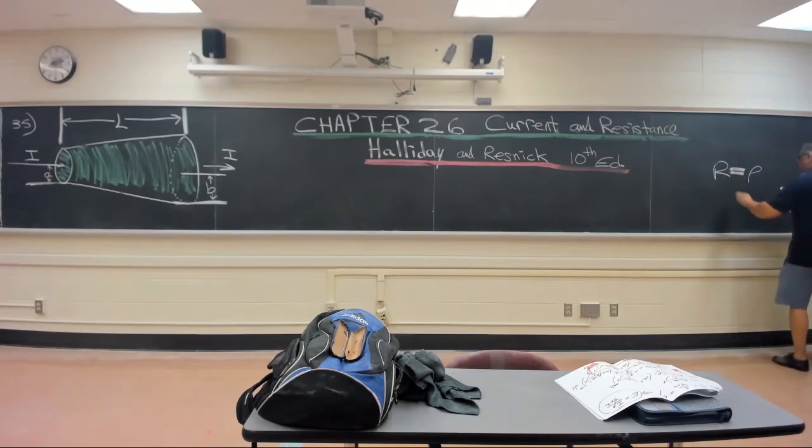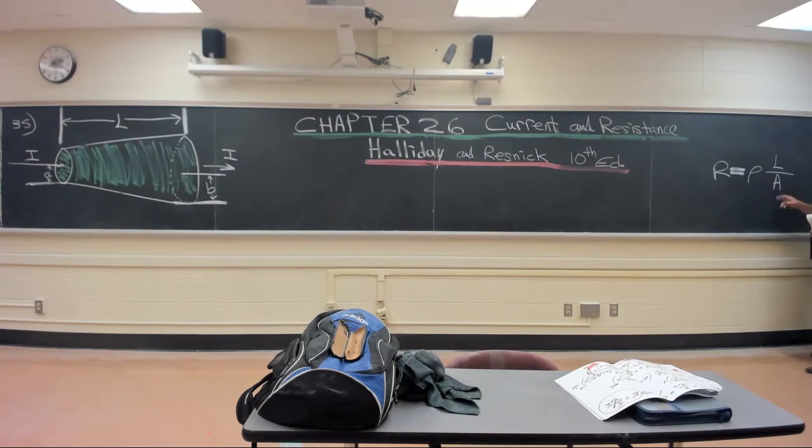The resistance is directly proportional to the amount of resistivity associated with the material and directly proportional to the length. The longer the wire, the harder it is to get electricity through it, so there's going to be more resistance. And it's inversely proportional to the cross-sectional area of the wire. In other words, the thinner the wire, the harder it is to get electricity through it.